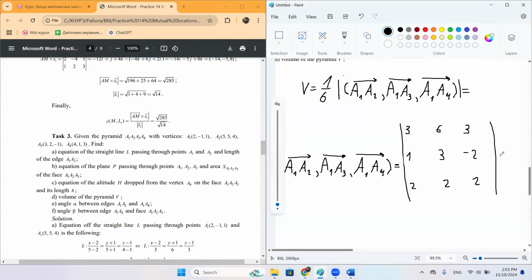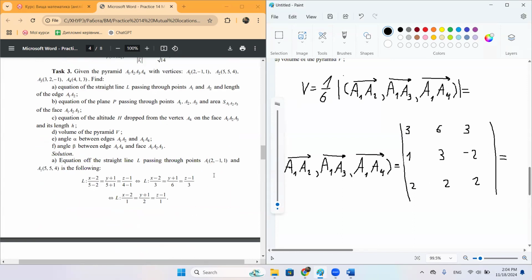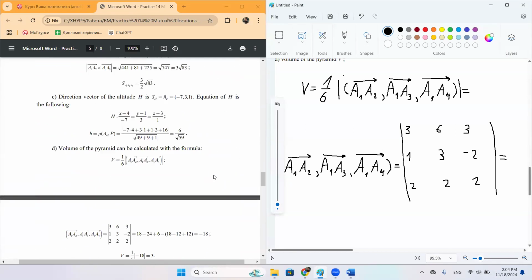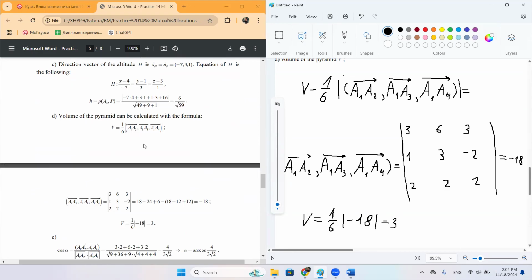And the result is minus 18. So the volume is one sixth by the module of minus 18, and it equals 3. So this is the volume.